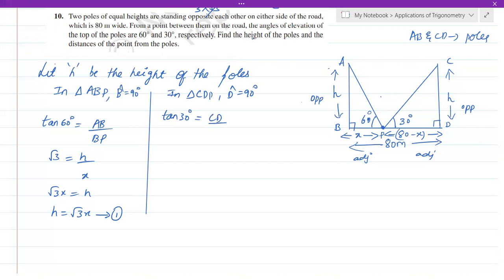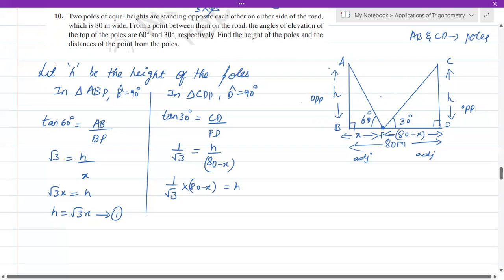Opposite is CD, adjacent is PD. Tan 30 is 1 by root 3, CD is H and PD is 80 minus X. We need H, so let's send this 80 minus X to the other side. So it becomes 1 by root 3 into 80 minus X, that is equal to H.